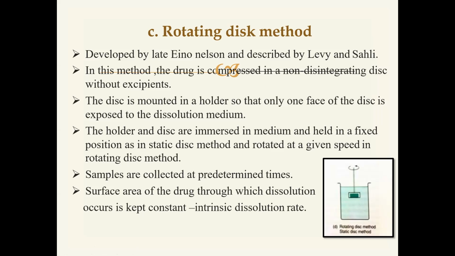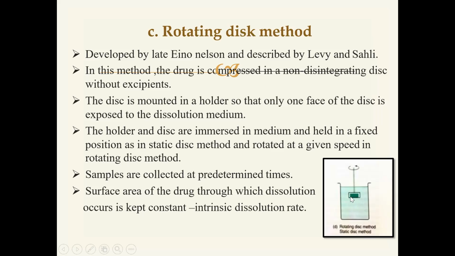The tablet in the holder is weighed before and after the assay. Here we are mounting the tablet, so that is weighed before and after the assay. After that, samples are collected and analyzed. From that, we will know how much drug release has taken place.